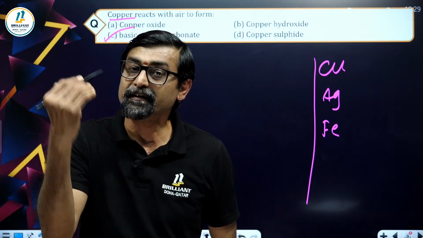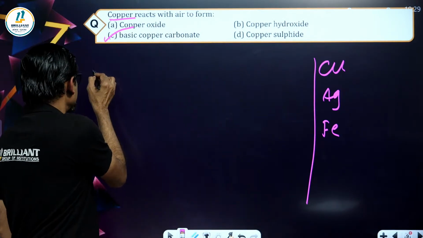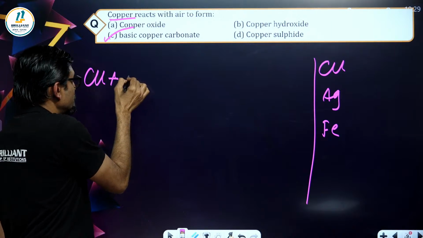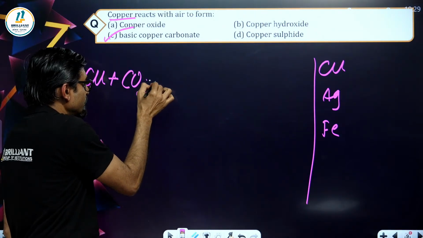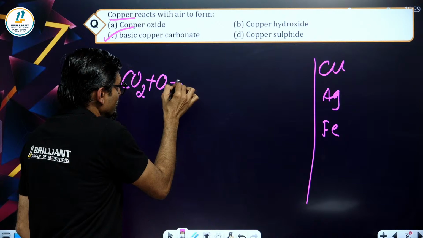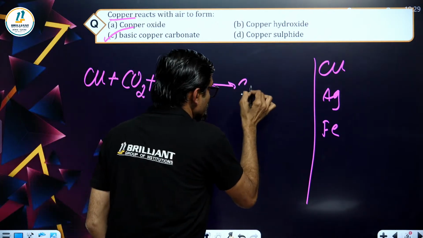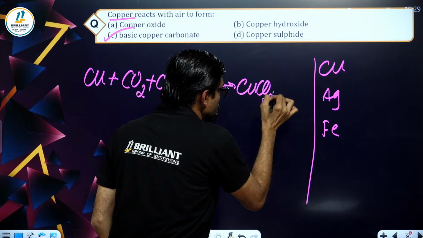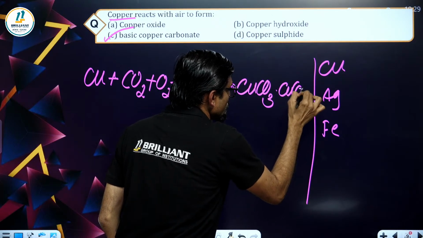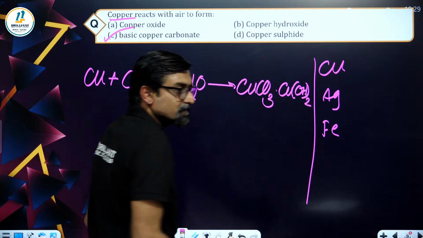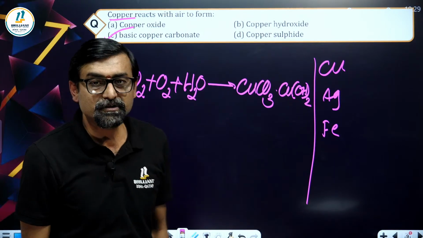So what is the reaction? Copper reacts with carbon dioxide, oxygen and water, moisture, to form CuCO3·Cu(OH)2.